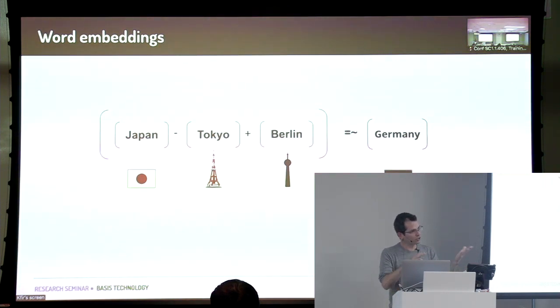But if you run cosine similarity or dot product of this vector with all the vectors that you have in your vocabulary, which could be a lot, you will see that it is mostly similar to the vector of Germany. So it works pretty nicely, because you took a country, subtracted the capital city, added another capital city, and you got the respective country back.